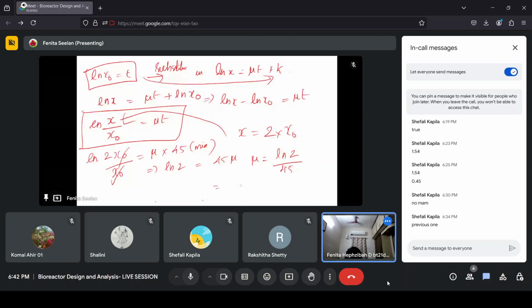Which is, what is the answer? 0.693 divided by 45. Somebody please calculate and tell, 0.693 divided by 45, and give me the units also. 0.0154.